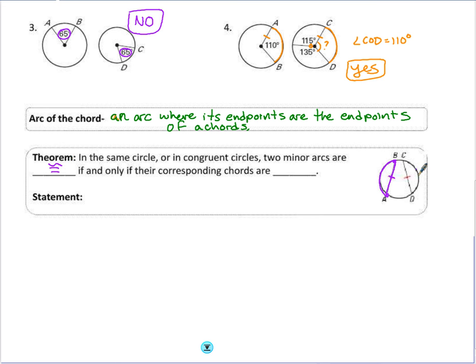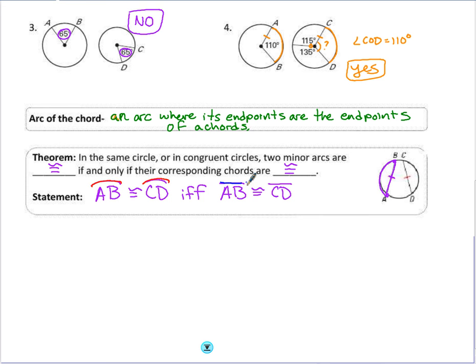So, arc AB is congruent to arc CD if and only if chord AB is congruent to chord CD. And everybody can see the difference between the two notations. This is an arc notation, and this is a chord notation.